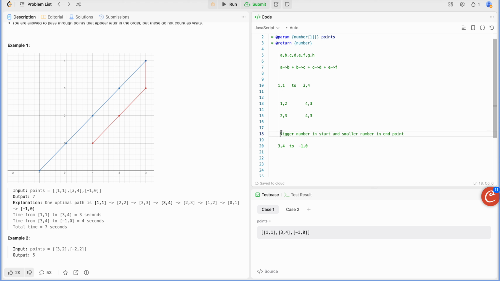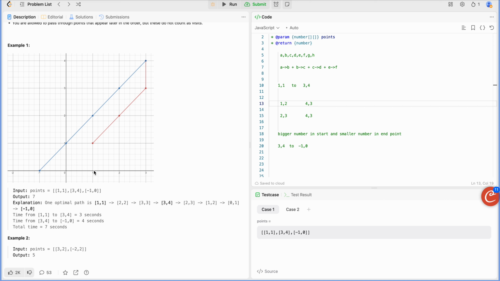So first of all, I want to clear up this idea. Why do I need to take the bigger number at the start and the smaller number at the end point? That is just my instinct, but I want to follow through on that instinct, because here I'm not sure what to do. So 1 2 to 3 4, why did I take the bigger number here and the smaller number here?